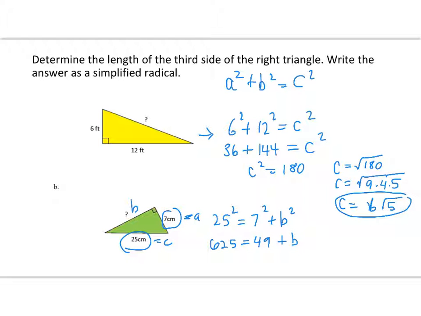When I subtract 49 from 625, I get 576 is equal to b squared. And it turns out that the square root of 576 equals b, right? But we know that the square root of 576 is 24, so in this case b is just equal to 24 centimeters. So that's the answer.